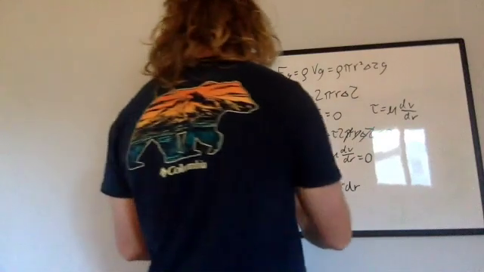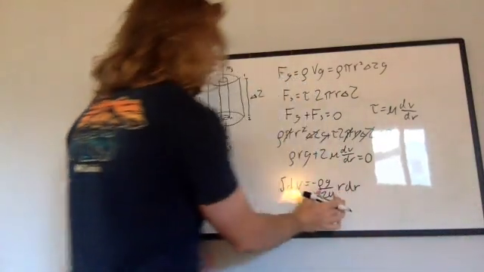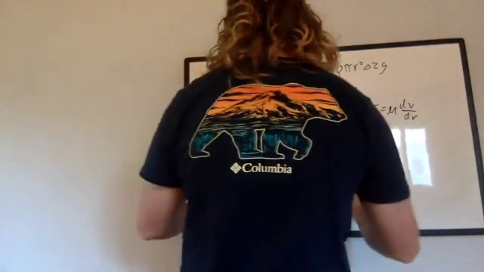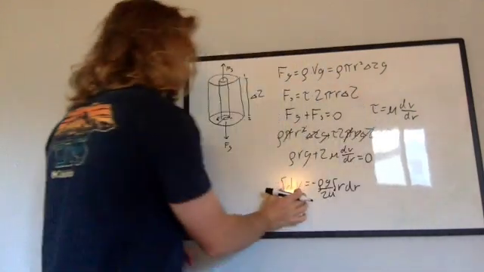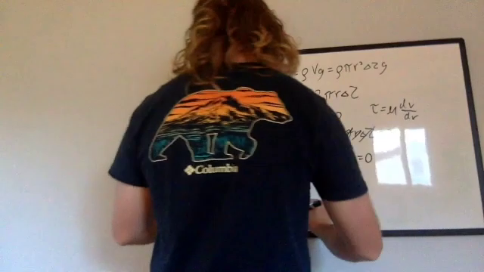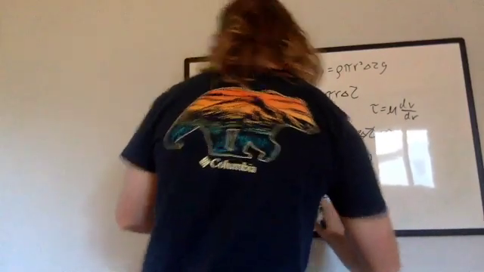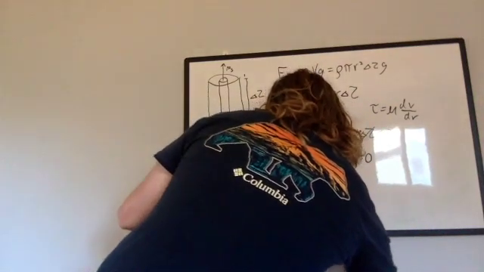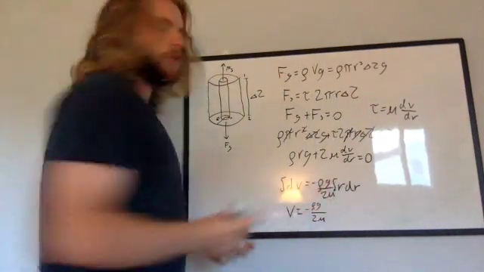So now we'll go ahead and integrate. And again, we can bring this out of our integral because that is just a constant. That's not going to be changing, so we don't need to integrate that. There we go. And then this side is just going to become v. And then this side over here is going to become 1/2 r squared right here.